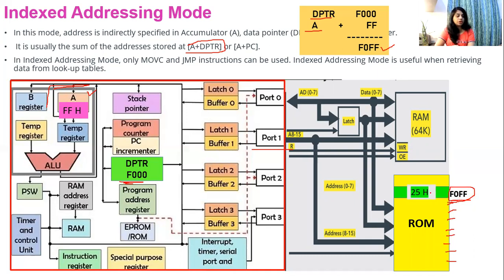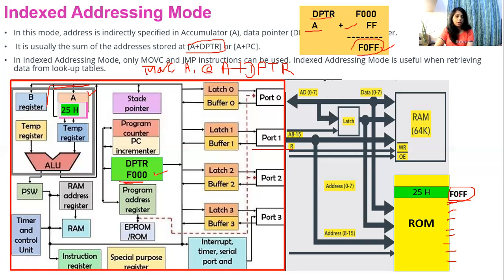Now suppose in this memory location 25 is stored. So this instruction will transfer this 25 into the accumulator. The instruction was MOVC A, @A+DPTR. So it will take the contents of A and the contents of DPTR, add them, and get an address.